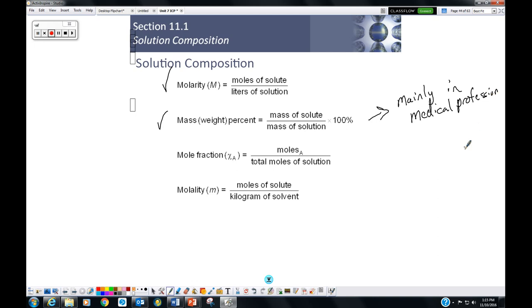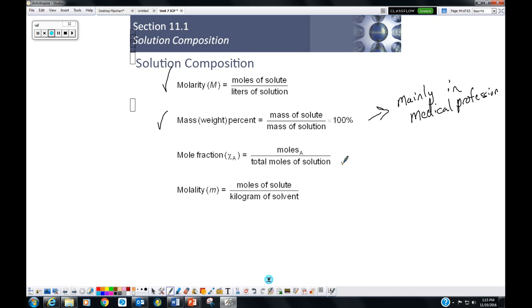If you have contact solution, if you look at it, it'll say 5% saline solution. What that's telling you is that it's 5% sodium chloride by mass of the solution.